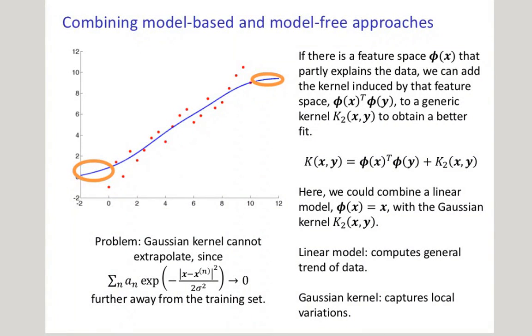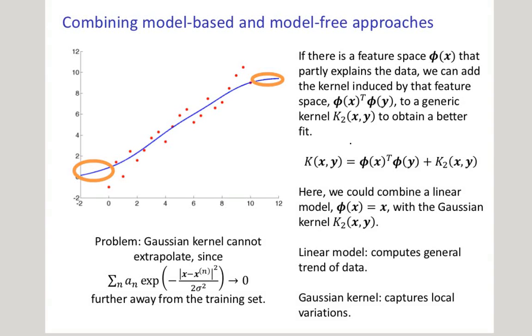Back a couple of slides, I pointed out how the ends of the function that we were trying to approximate tailed off in a direction that is not consistent with the linear function that generated our data. This is a problem because we were using Gaussian functions. One way of solving this is to make a combination of kernels. So what we could do is take the Gaussian kernels that we have already calculated, and combine them with a generic kernel called k sub 2.